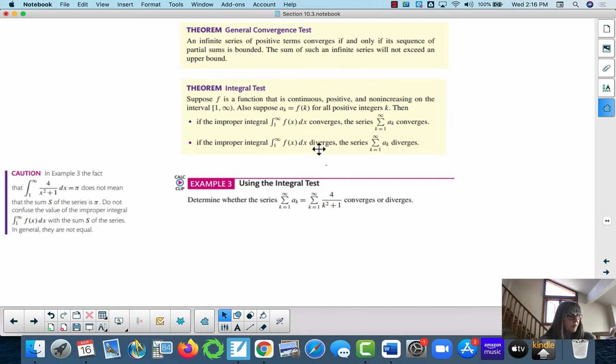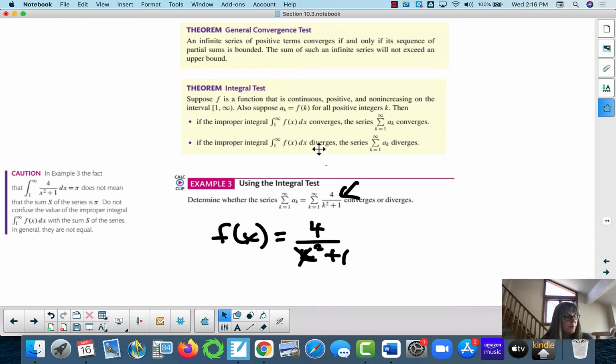So in this first one, we're going to use f of x is 4 over x squared plus 1. Okay, that's going to be our f of x. We're going to plug in x instead of k there.